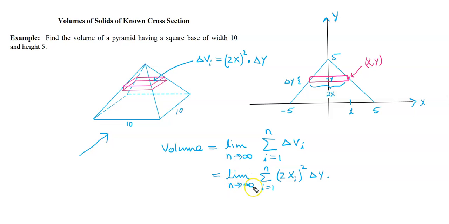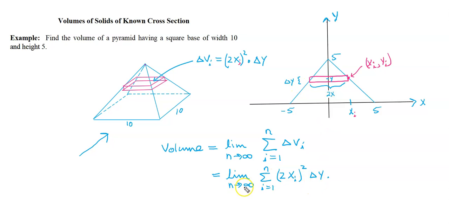It would be this limit as n goes to infinity of the summation of (2x_i) squared times delta y. I should have really labeled these as x sub i and y sub i up here. Let me do that here. And then this would be x_i right there, and that would be y_i right there, and this would be an x_i right there.